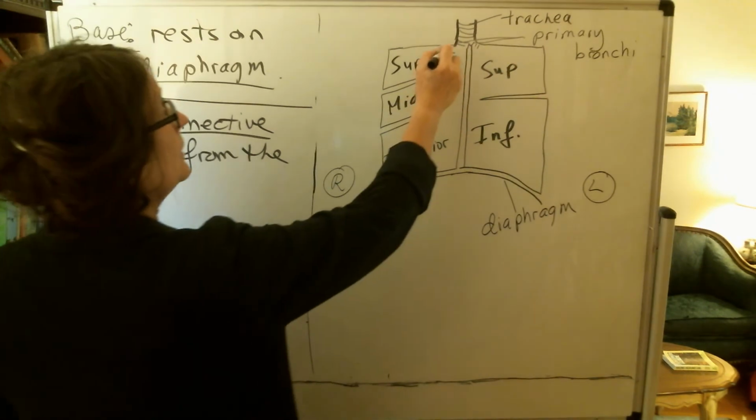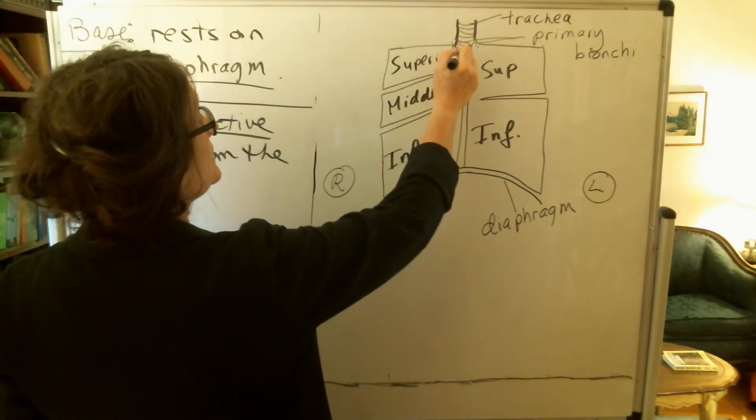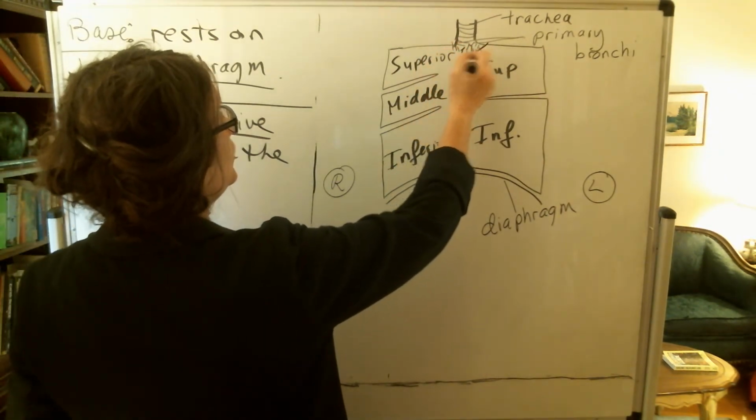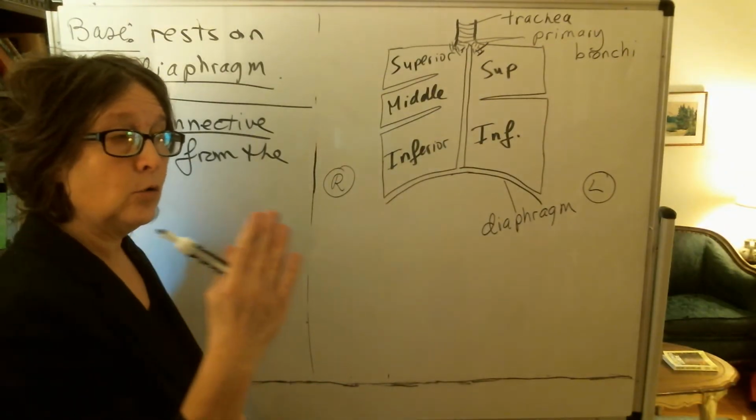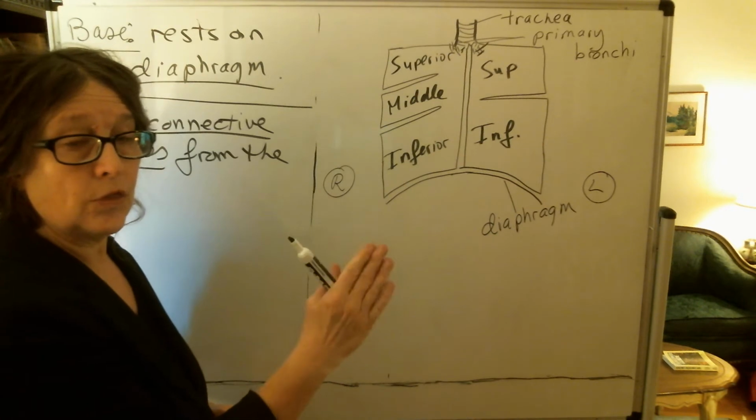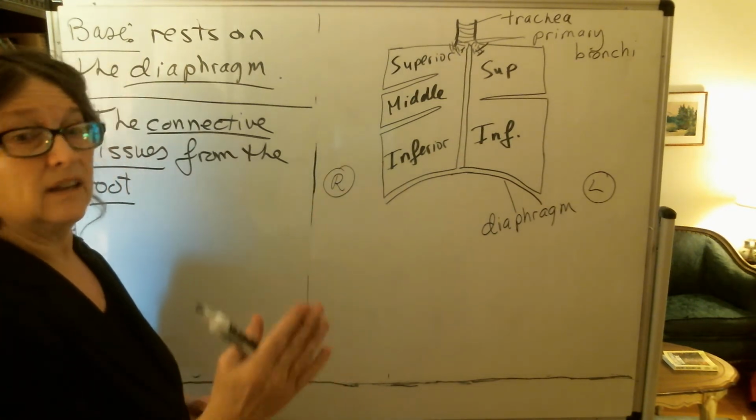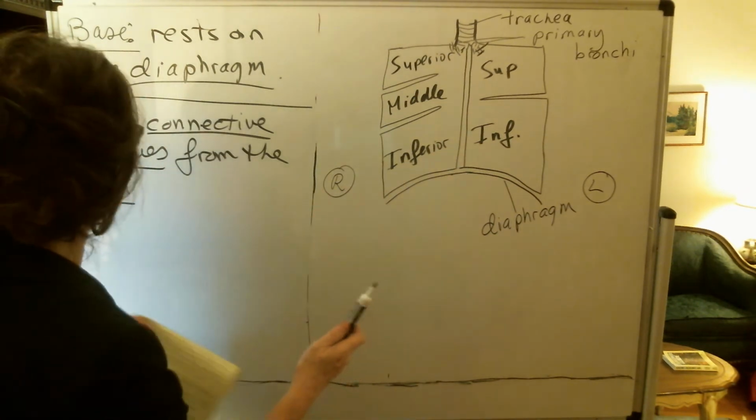You remember up here we have connective tissues anchoring this all in. But these connective tissue fibers then also go into the lung itself, and they start dividing the lung up, basically.